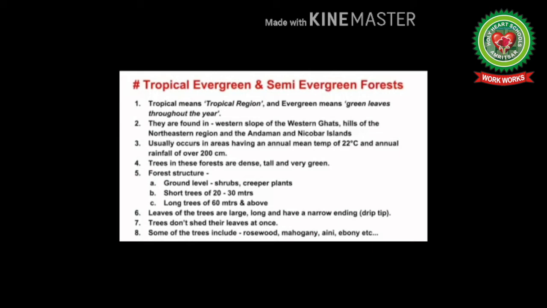Forest structure: ground level, shrubs, creepers, short trees of 20 to 30 meters, and tall trees of 60 meters and above. Leaves of the trees are large, long, and have a narrow ending, the drip tip. These trees do not shed their leaves at once. Some of the trees include rosewood, mahogany, ebony, etc.